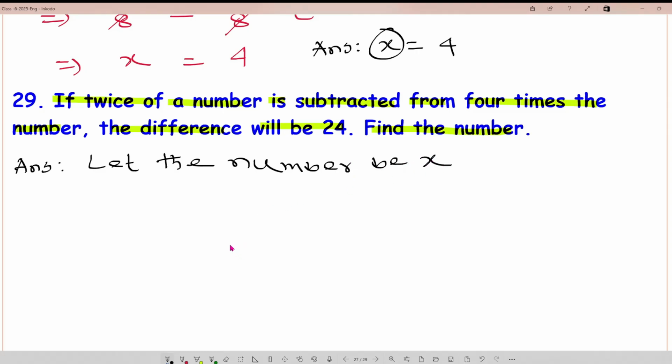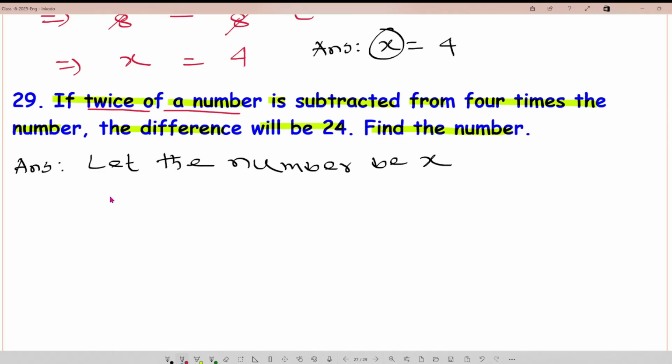In this math we are trying to solve with a different method. You can solve with the earlier method which we already did, or you can follow the present method which I am doing now.